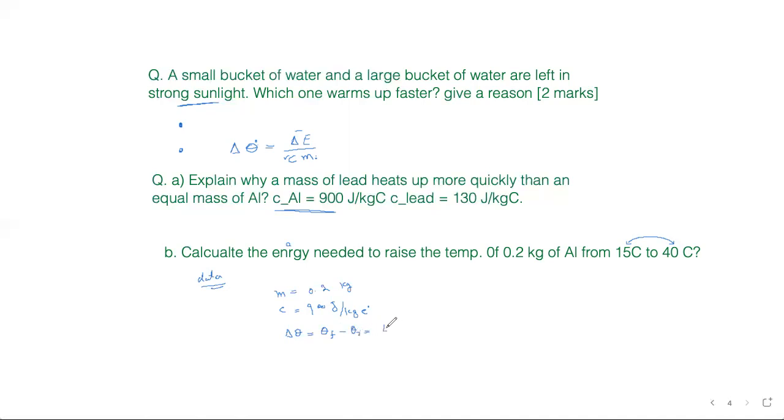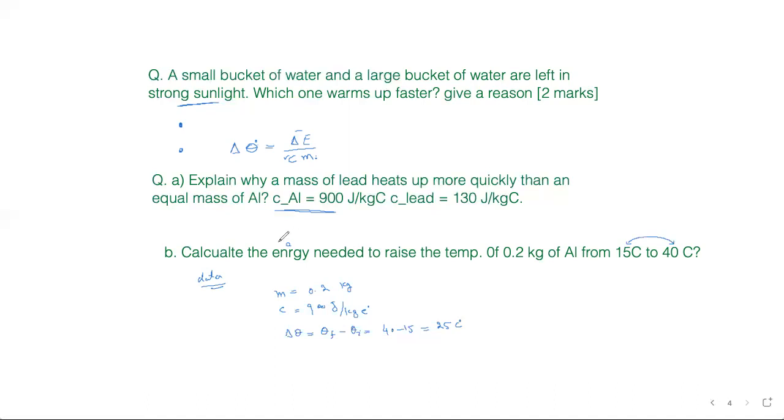So this is 40 minus 15, so delta theta is in fact 25 degrees. In some questions, they can give the temperature information like that, 15 degrees centigrade to 40 degrees centigrade. And in some cases, they can only say that we want to change by this much, so they can directly give you delta theta. In both cases, you can calculate delta theta.